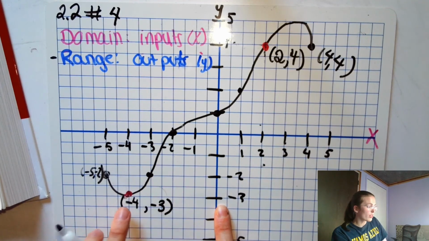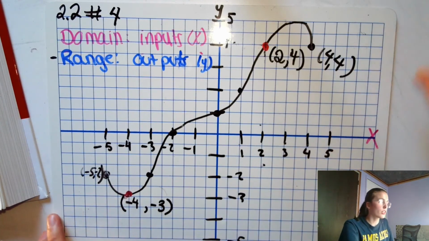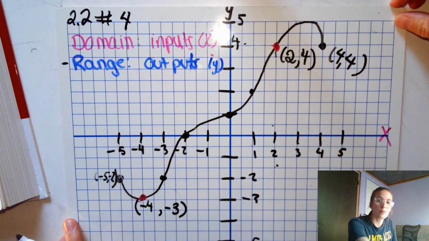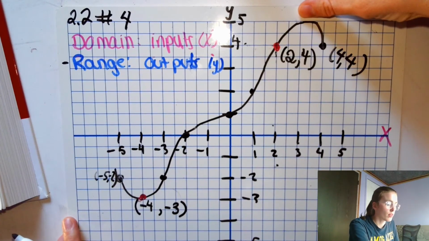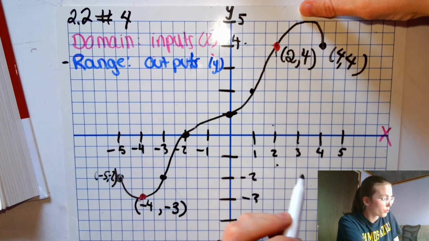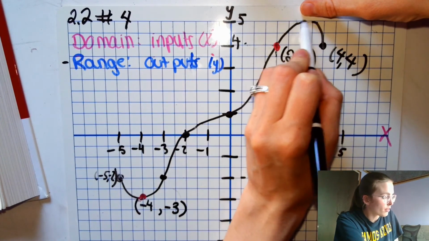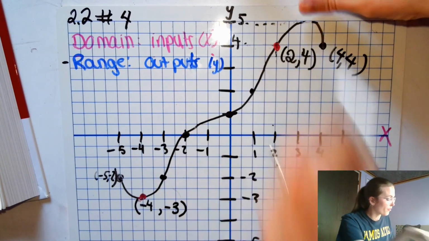This is the smallest that the y value ever gets. And then the largest that the y value ever gets is up here, at this peak, where y is equal to 5. You go across, and you see that y is equal to 5.